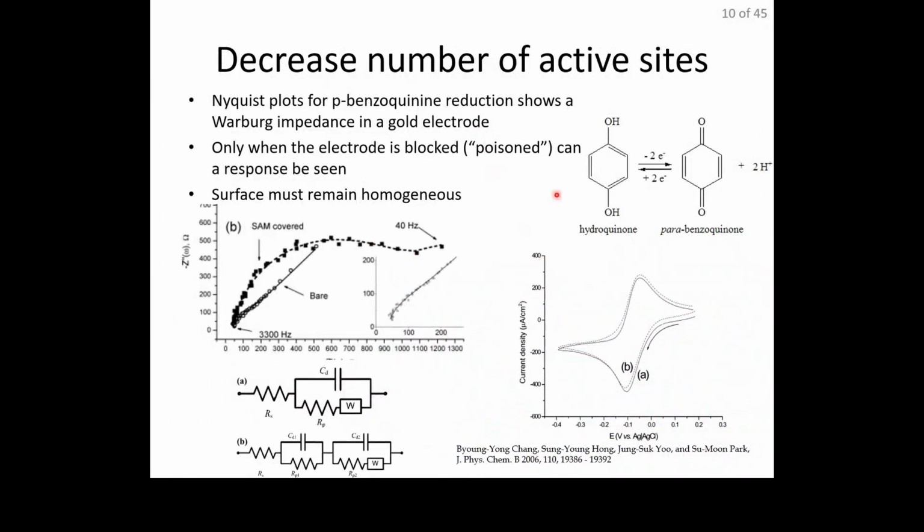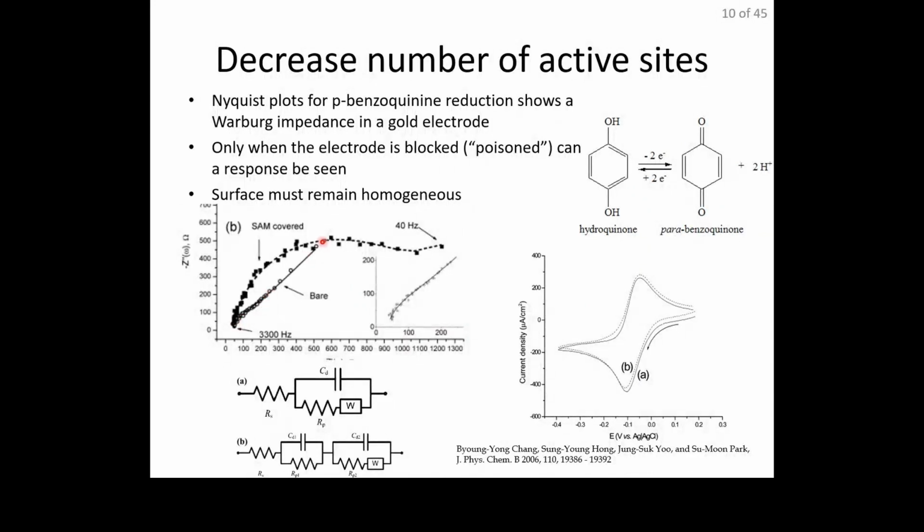Different approaches to decrease the number of active sites. So, for instance, this is an example taken from this paper here, where they look at the oxidation and reduction of hydroquinone to parabenzoquinone, which is quite a fast process. If you study this, for instance, using impedance, which you'll see later on in this course, electrochemical approach, if you study it using impedance on a bare gold electrode, all you see is a so-called Warburg impedance.